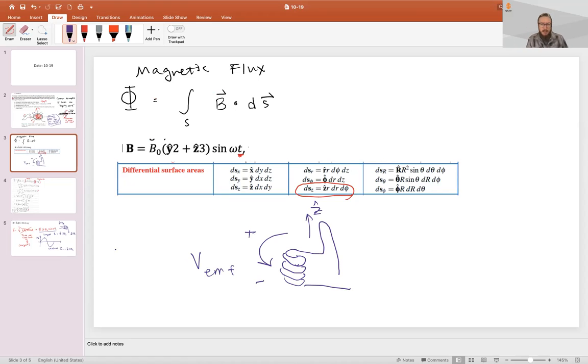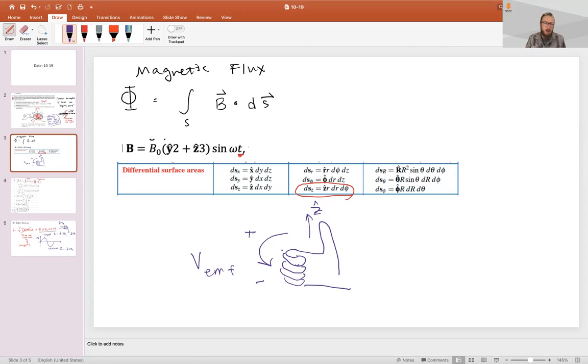So later, when we get to the final VEMF answer, we'll always reference it like this. So whenever the field is pointed in that direction, we'll get a VEMF that's also positive.